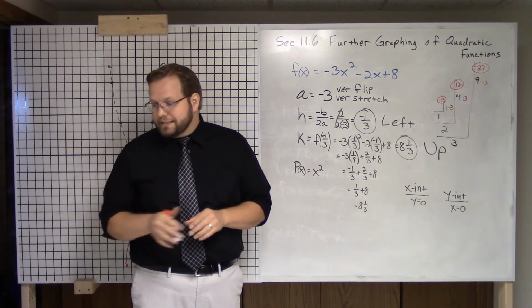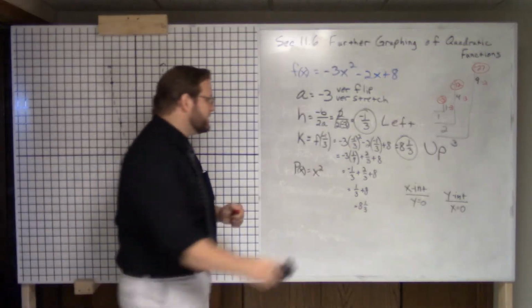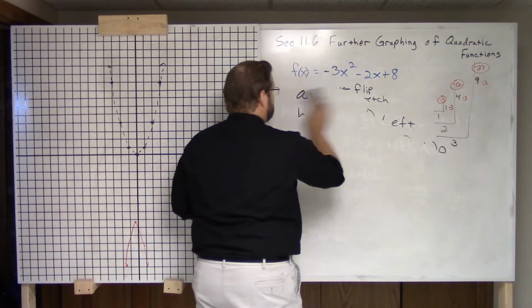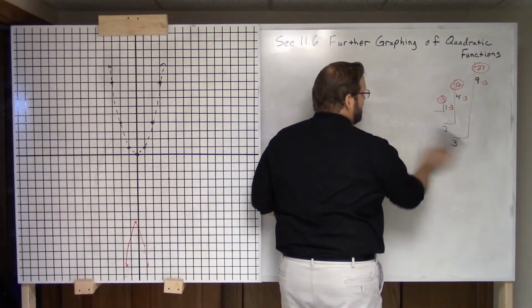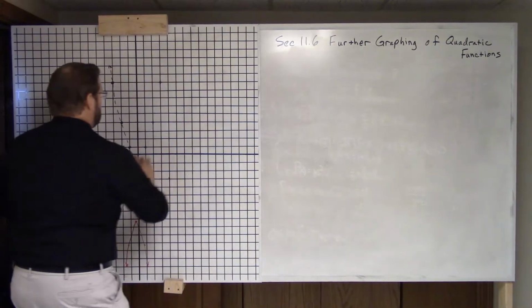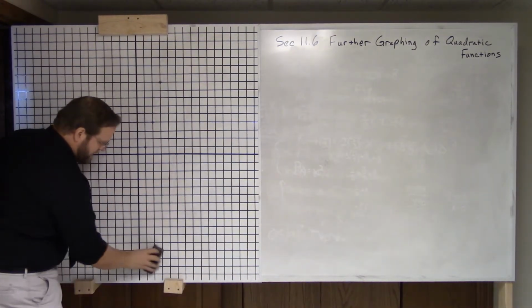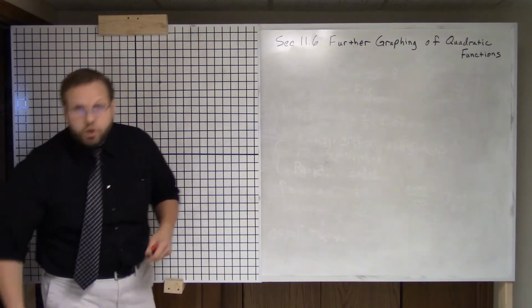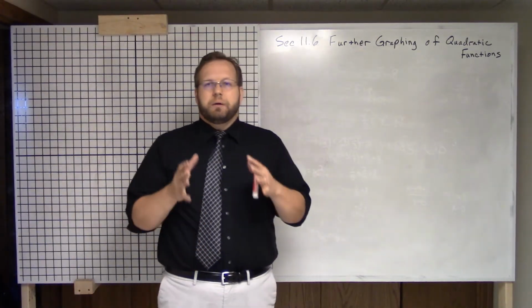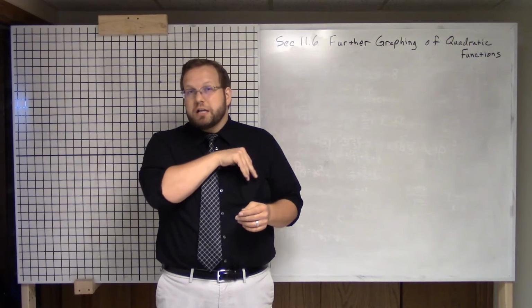Okay, one last idea that they do present in this section is the idea of minimum and maximum. Now there's a very big discussion with that when you get into college algebra or pre-calc where you talk about local mins, local max, absolute mins, absolute maxes. But here we're going to keep it pretty simple because we're talking about quadratics.